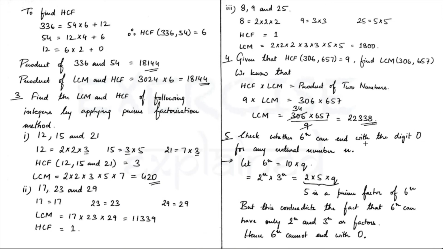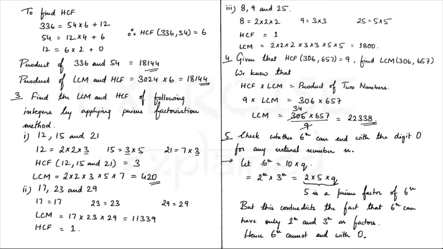Now since it is given that it ends with digit 0, if any number ends with 0, it has to be a multiple of 10. So we can consider 6 to the power of n as 10 into q. Now if we take the prime factors of 10, it happens to be 2 and 5, and q is written as it is.